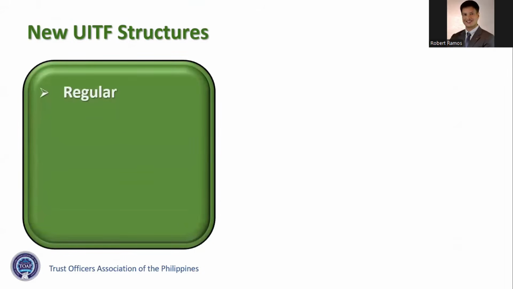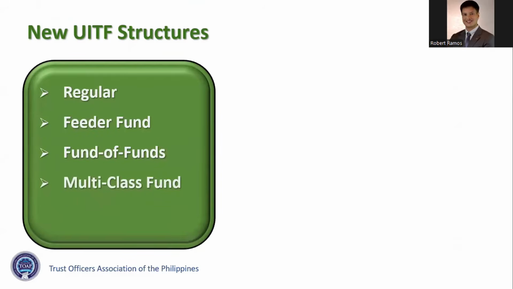What are the new UITF structures? You have the regular UITFs, of course. These are the UITFs that we have been discussing that are investing in either fixed income, equities, or multi-asset. You have a feeder fund, which feeds into another collective investment scheme, at least one collective investment scheme.